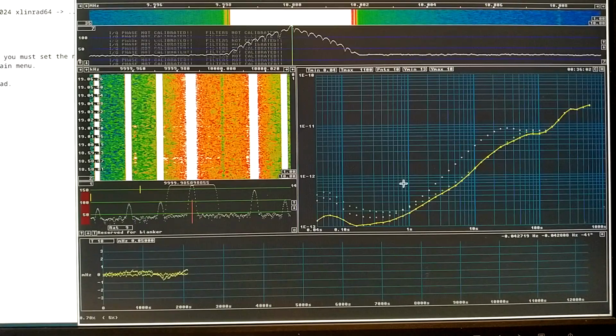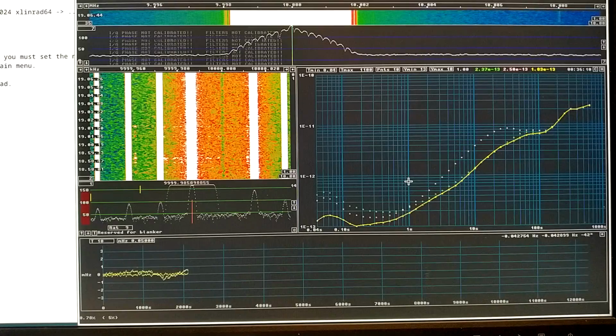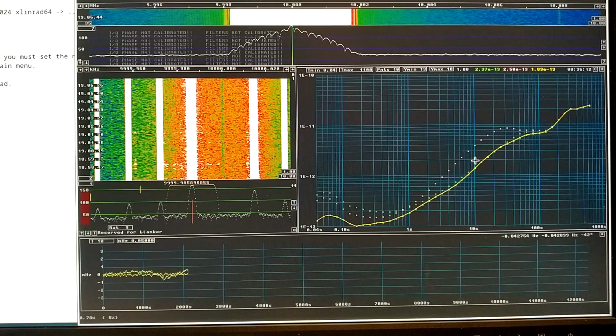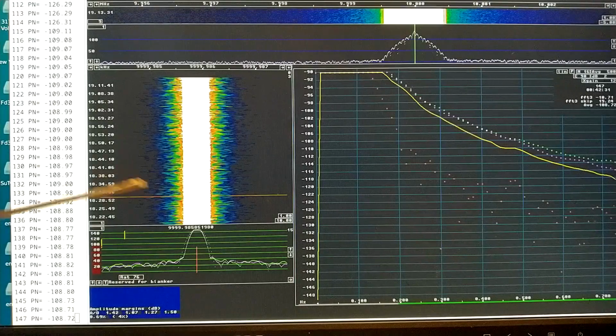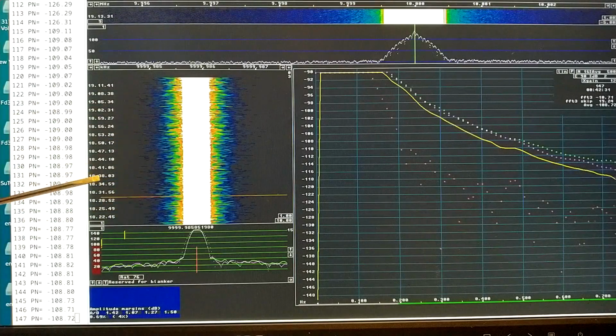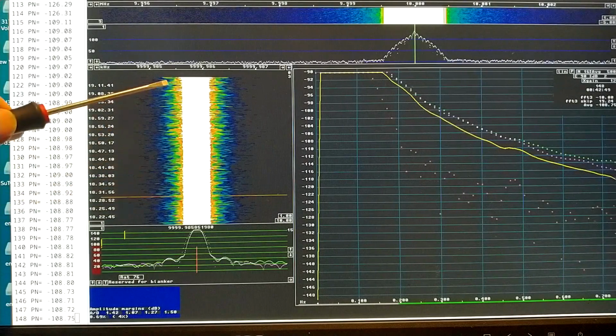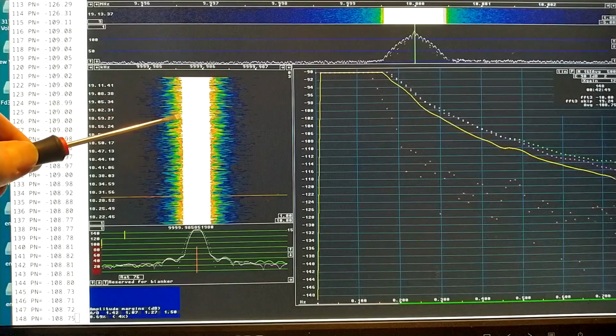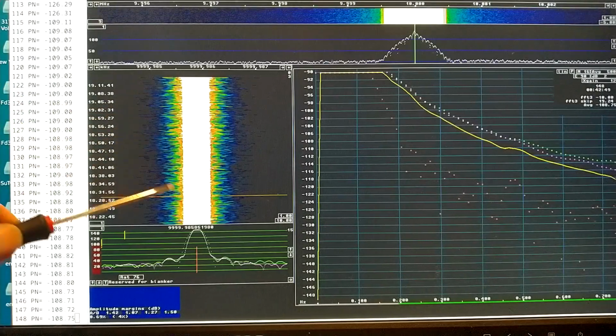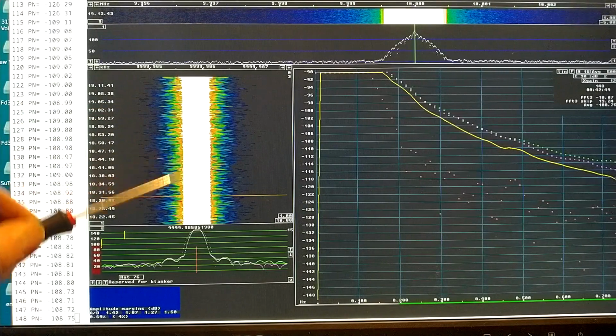And finally, the Hadamard variation, which has at the moment 1.8 times 10 to minus 13 at 1 second, and 1.36 times 10 to minus 12 at 10 seconds. The noise I see in the waterfall here doesn't look quite like white noise because there are noise bursts, and here it is quiet for a while.